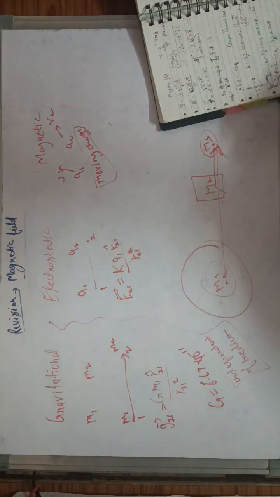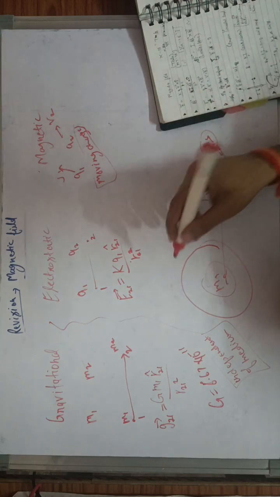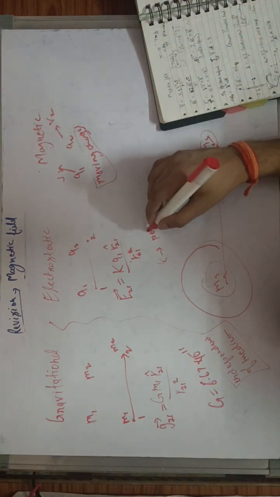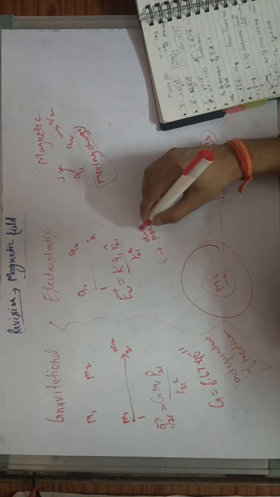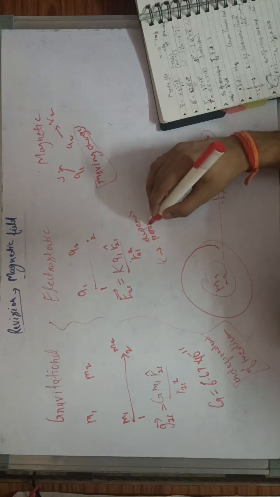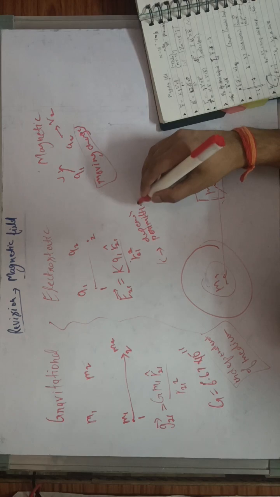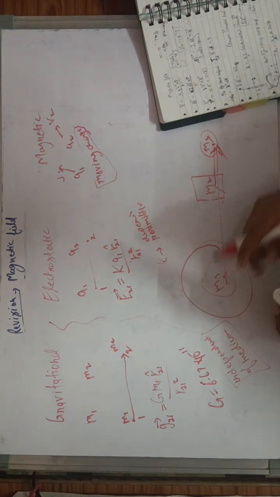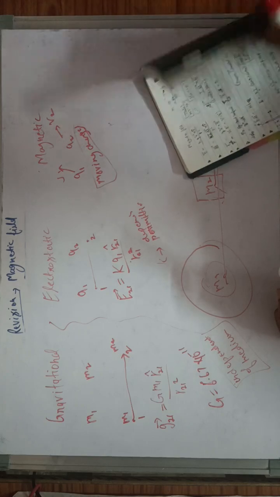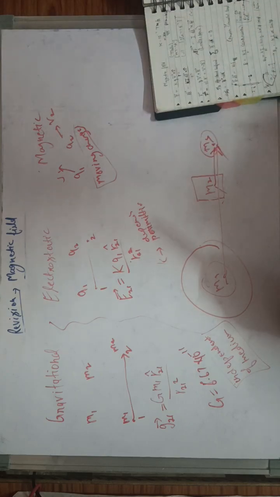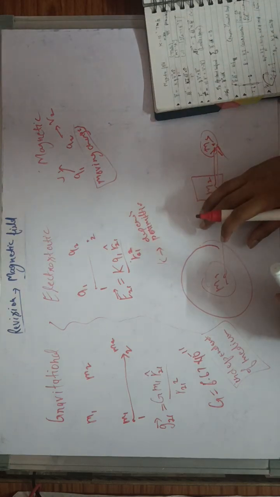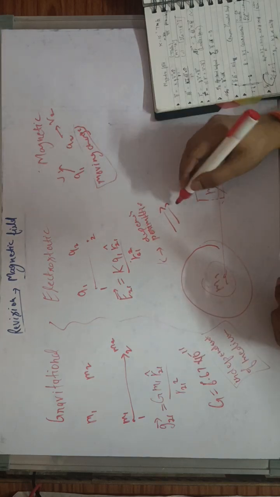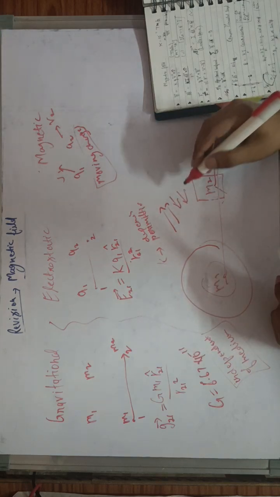And in case of electric field, this k depends on the permittivity of space. Permittivity means the opposition provided to the electric field. Permittivity is a property of the medium. Whenever we apply some electric field to the medium, it tries to oppose the electric field.